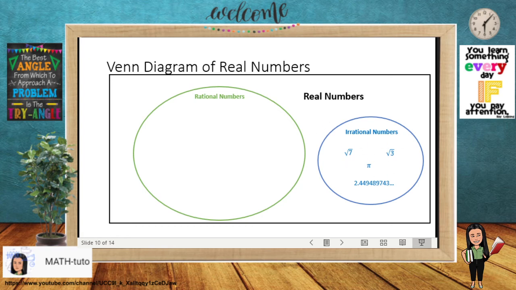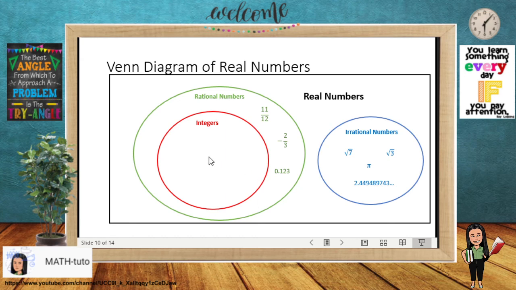These are examples of irrational numbers. And then for rational numbers, we have the set of all integers. So we will just write all the non-integer rational numbers inside the set of rational numbers but outside the integers.